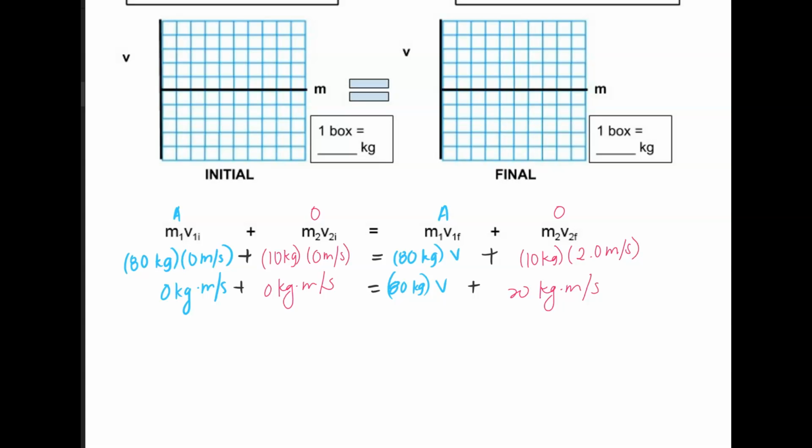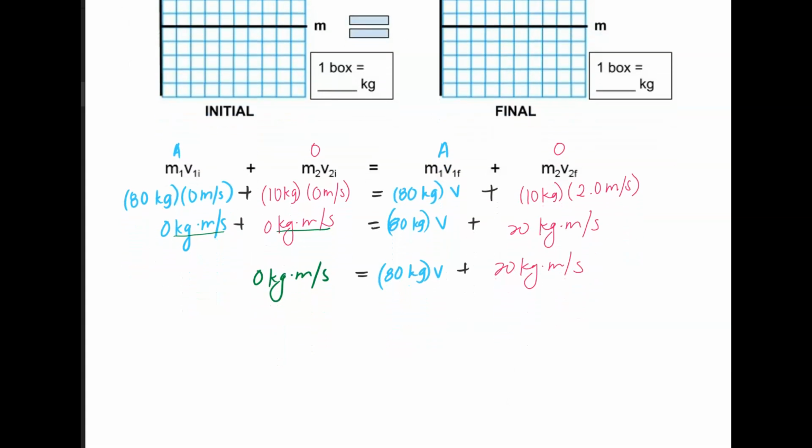So from here, we can combine like terms. We have 0 kg times m/s, so these are like terms, and they all combine to be 0 kilograms times meters per second, equal to 80 kilograms times velocity plus 20 kilograms times meters per second.